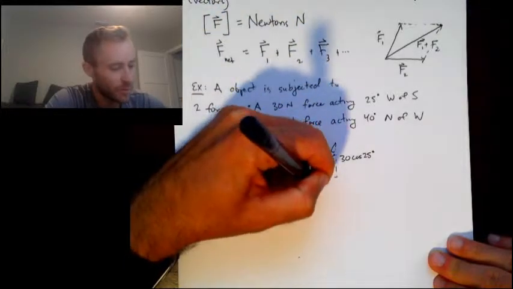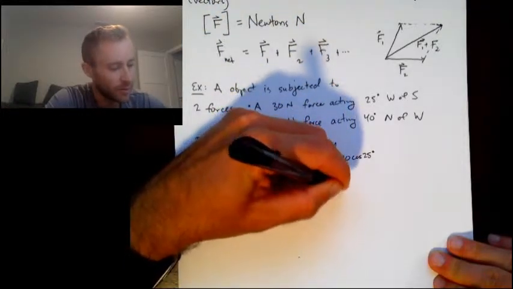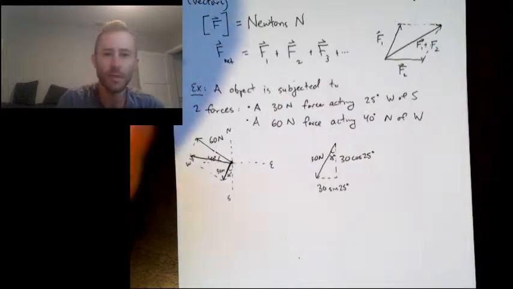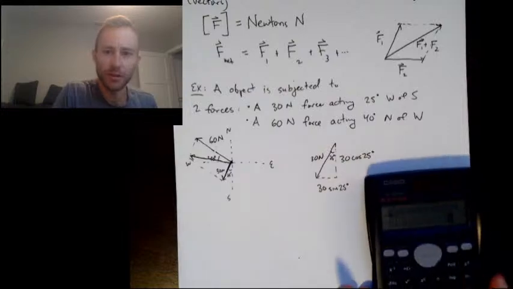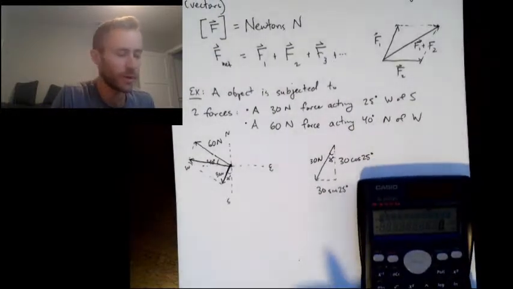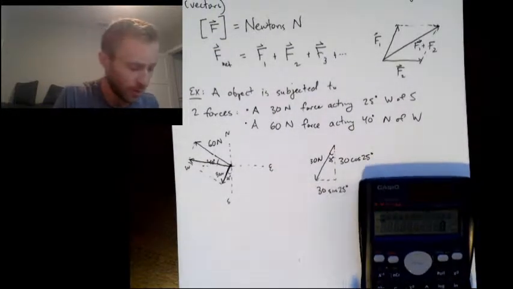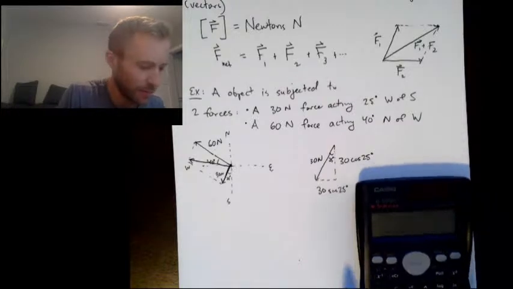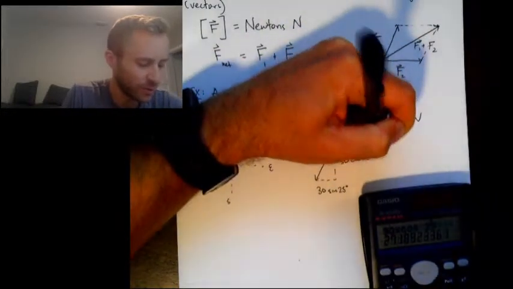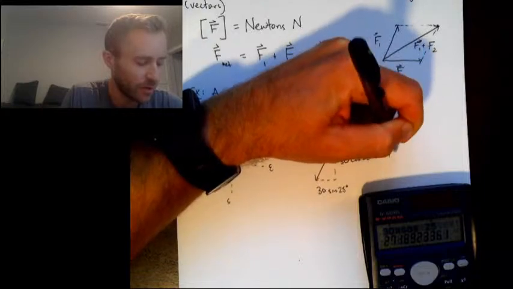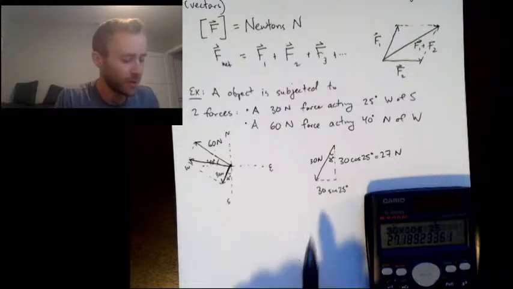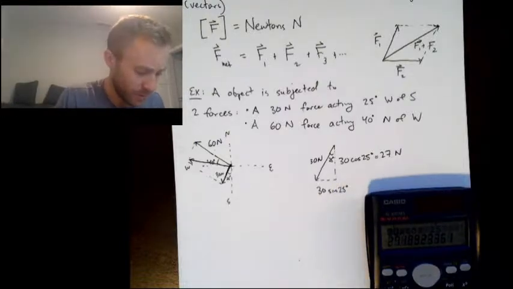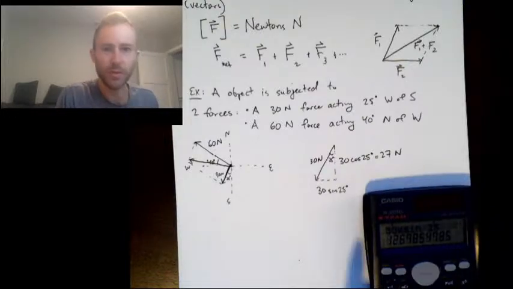That's going to be 30 sine of 25 degrees. You want to make sure that your calculator's in degree mode if I give you the angle in degrees. 30 times cosine of 25 is, I'm going to round because I'm not interested in a lot of accuracy for this, 27 newtons. And then 30 sine of 25 is about 13.